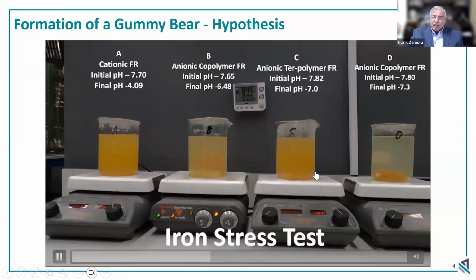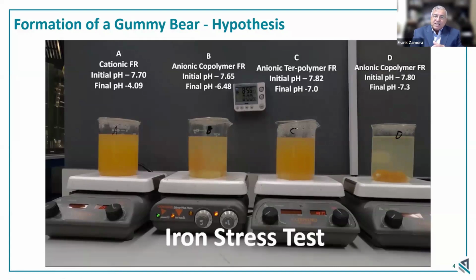The same thing here, in that what you've seen here in this terpolymer is probably some agglomeration, but a very small amount of agglomeration taking place with the acrylate part of the terpolymer, but the AMPS is keeping it from actually agglomerating. What's happened is that this ferric iron has attached to the polymer, but it doesn't allow it to agglomerate. It basically allows it to stay in solution.